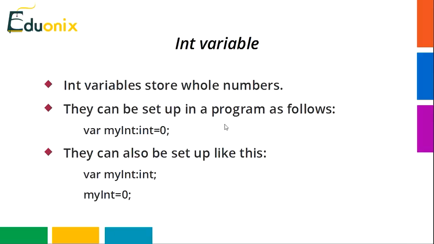Then there's the instantiation, which is storing something, or perhaps not storing something, inside the variable, and that can be very flexible, very different for different types of variables and different types of circumstances in computer programming. So that's one way of setting up myInt. Another common way of doing it is to just declare it without storing anything inside it, and then instantiating it, storing something inside it separately on another line somewhere else in the computer program.